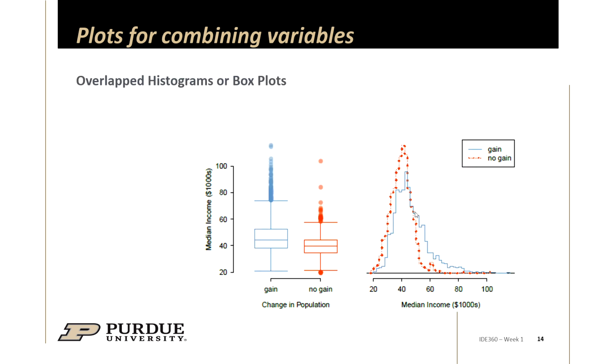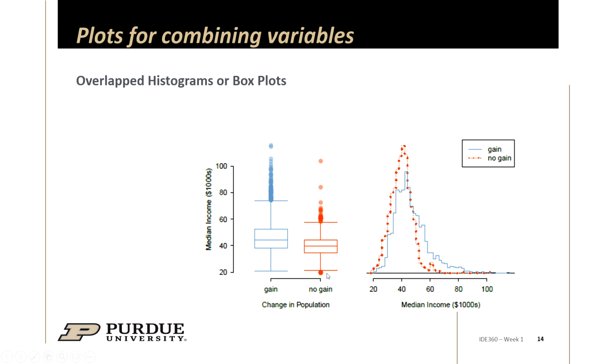Finally, this is another plot for combining variables. These are overlapped histograms or box plots. So for example, this is change in population, locations with change of population within the United States, and the relationship with income, right? For states that had gains in their population, the median income is actually higher.